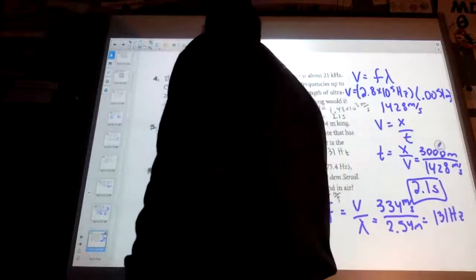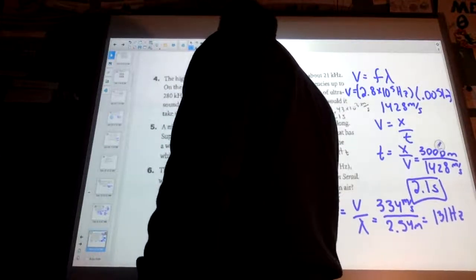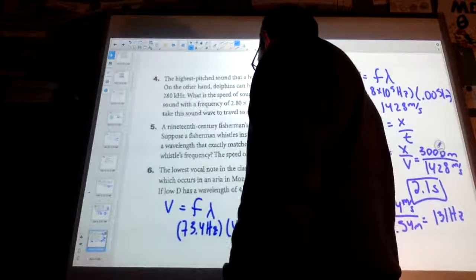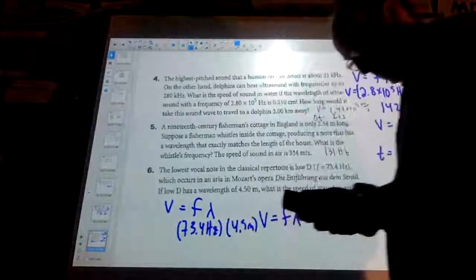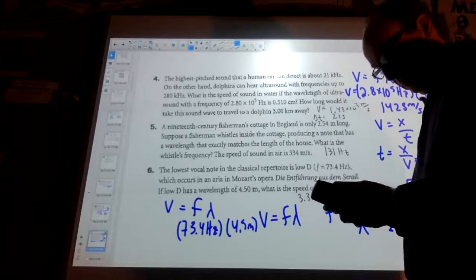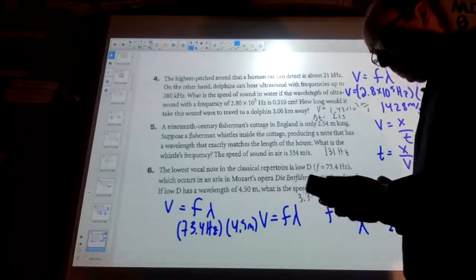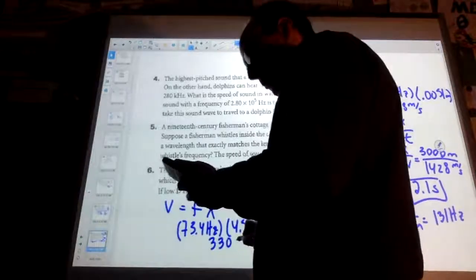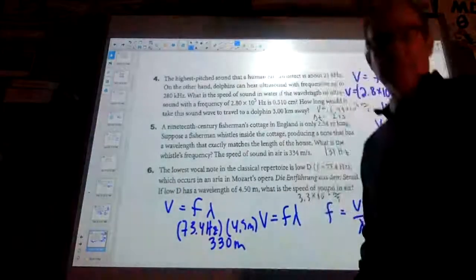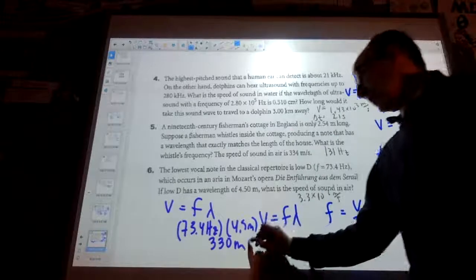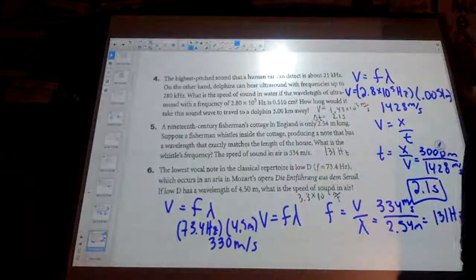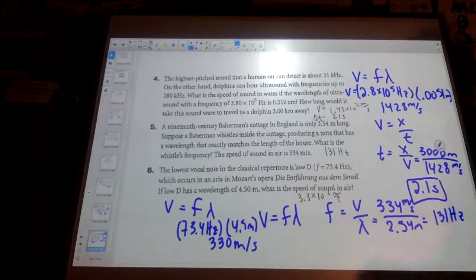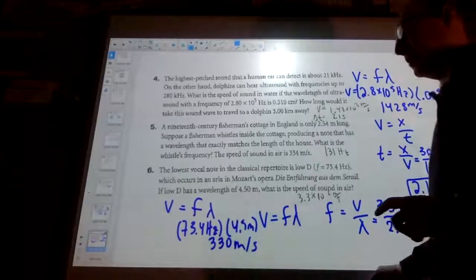So this is going to be 73.4 hertz times 4.5 meters. So 330 I got. And again, I'll talk to you guys about how this varies, meters per second, depending on different factors, because that will be important in the next chapter.